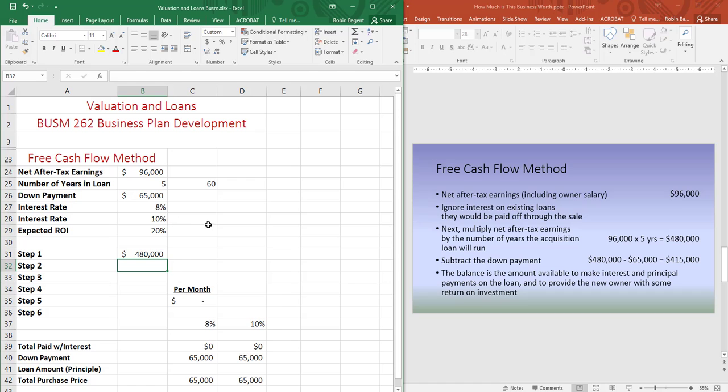So now we want to take out our down payment. So we take this total amount, equals 480, and we subtract the down payment, which gives us 415, and we can see that on the PowerPoint slide. So this is the total amount available for principal, interest, and owner income, or owner return on investment.